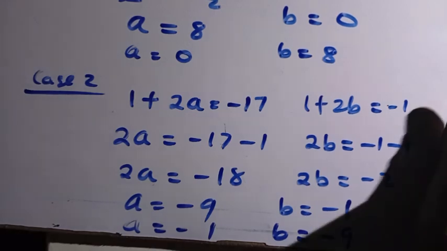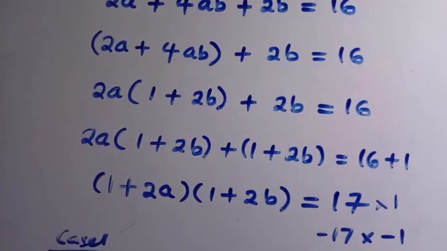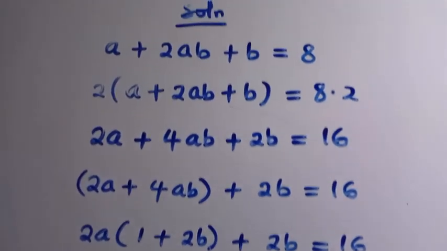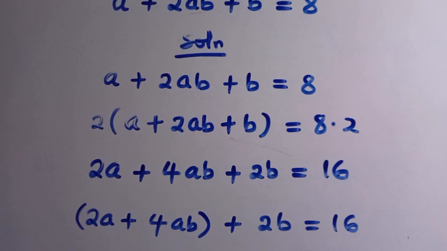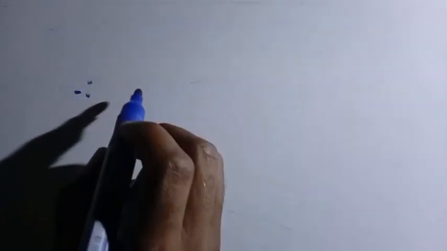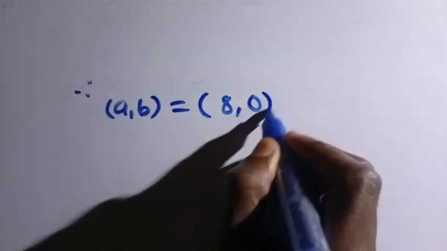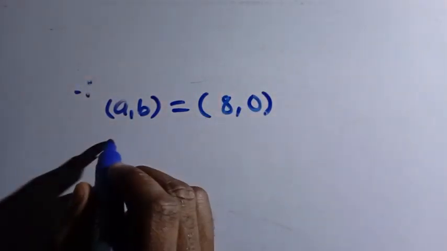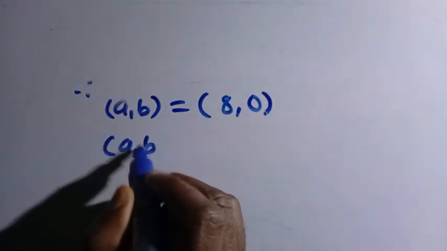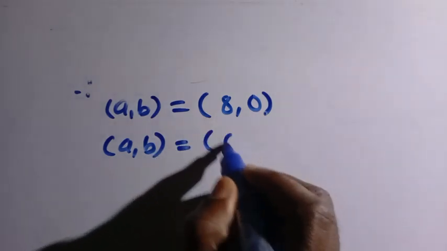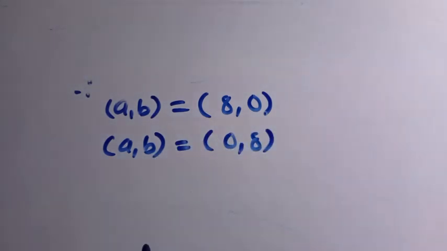So therefore, we can just try and put the whole of these integers together in one place so that everything will be in order. We can conclude that the value of a comma b for the first one equals 8, 0, and we also have another value of a and b, which is 0, 8.